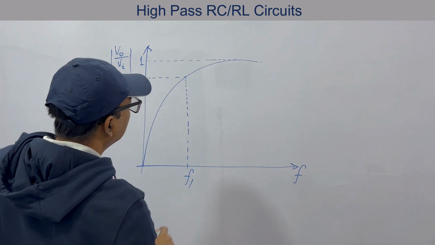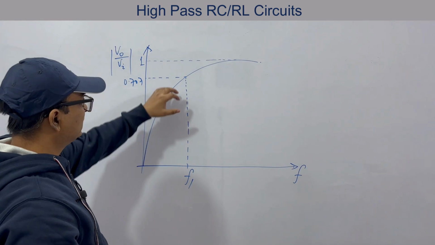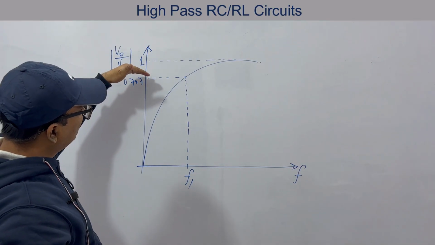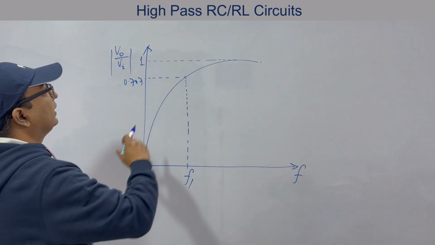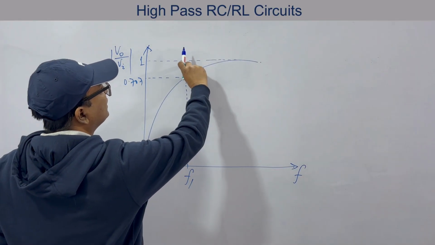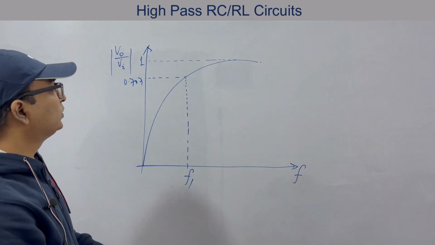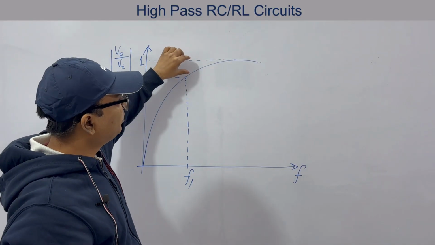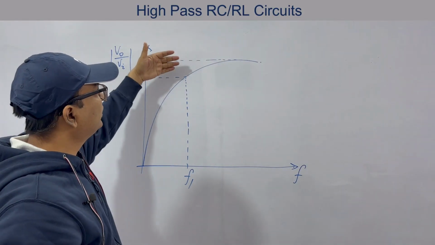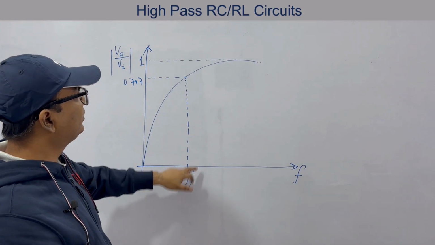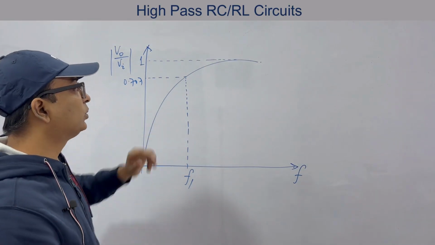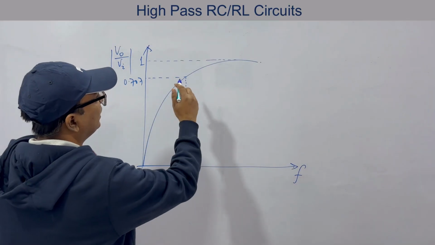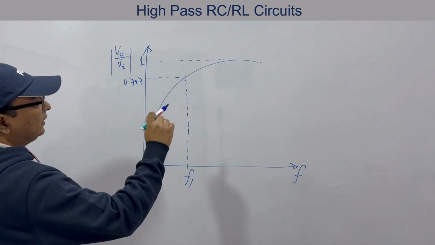This is F1. That is, below this frequency, 70.7% of the signals get attenuated, and above this approximately this 30% passes. So this is the passing signals with frequency above F1. They actually constitute 30% of the total signals that is received at the output. This is the meaning of this.